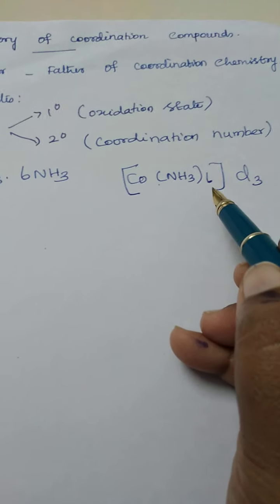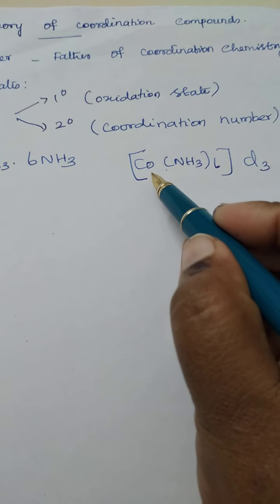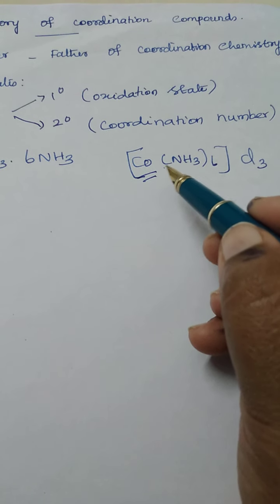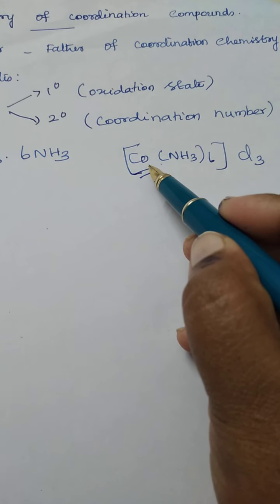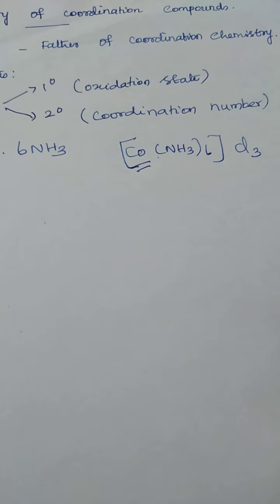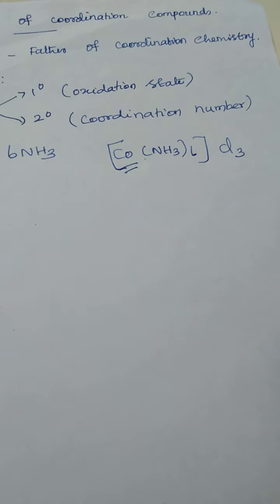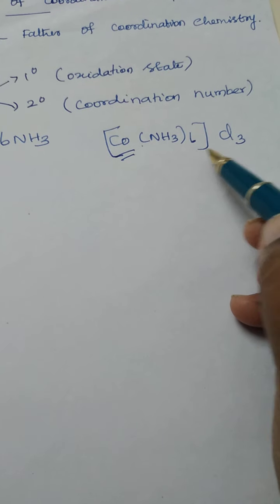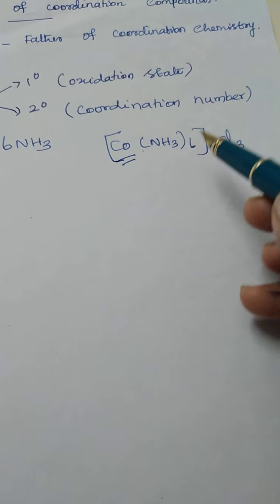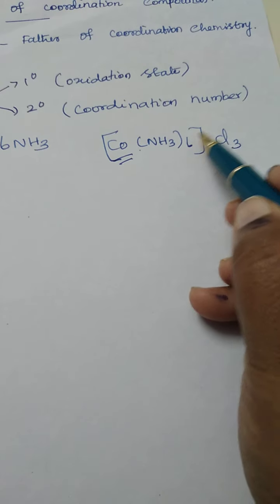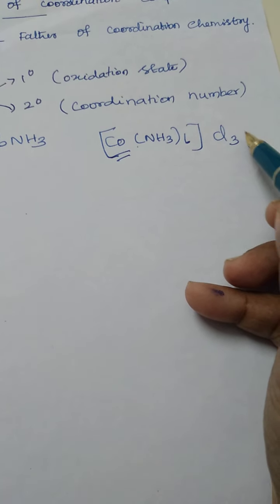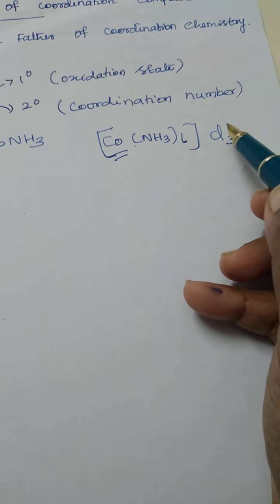For this we are going to find out the primary valency of cobalt as well as the secondary valency of cobalt. The primary valency can be calculated by an ordinary method, that is the oxidation number. When a molecule ionizes, especially a complex, the elements present inside the complex will not undergo ionization, but what is present outside the complex is called the counter ion.